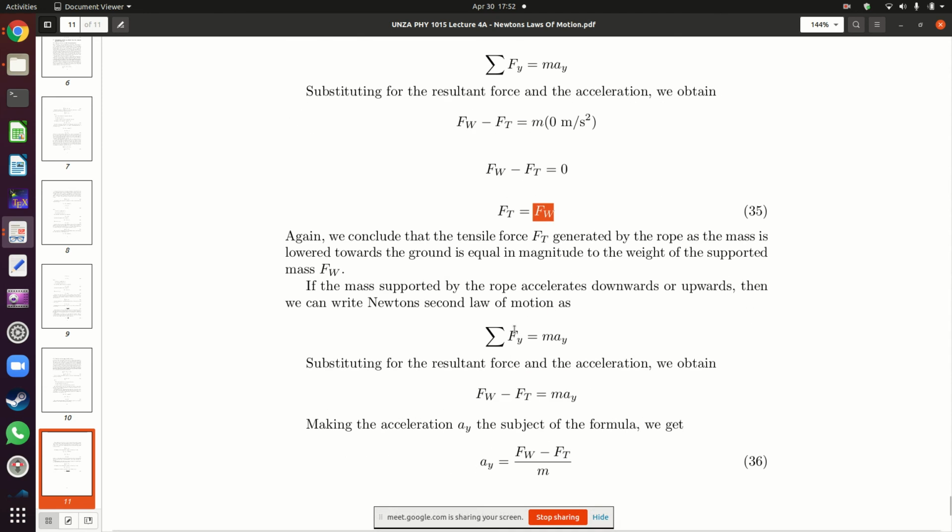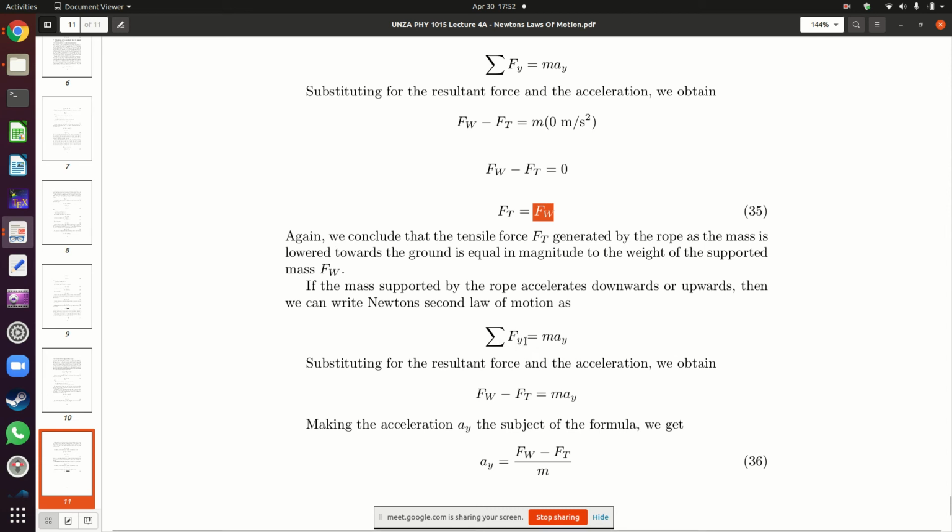However, you can also have a situation where a mass accelerates downwards with increasing speed. If there is acceleration, I'm sure you have heard of situations where an elevator dropped like a stone. If that happens, if the speed of an elevator starts to increase very fast, then in that case there is acceleration.